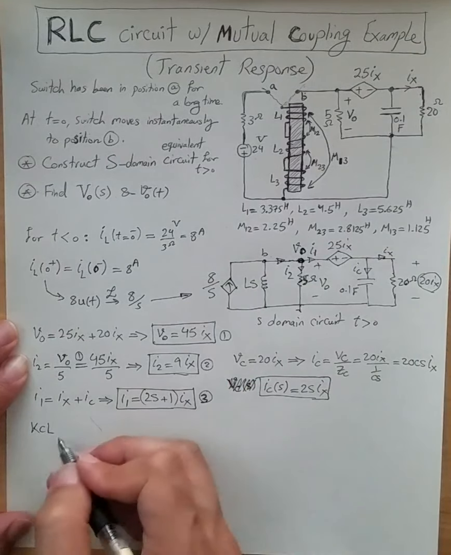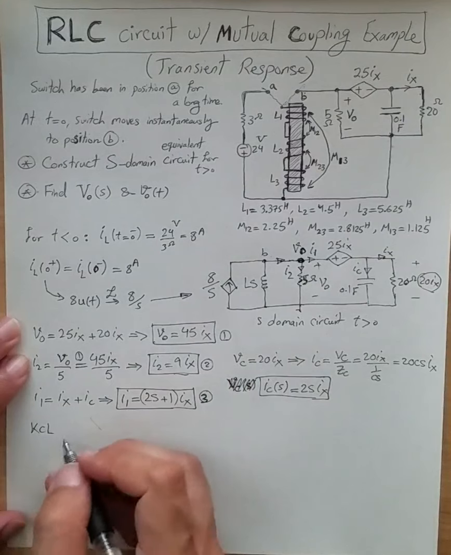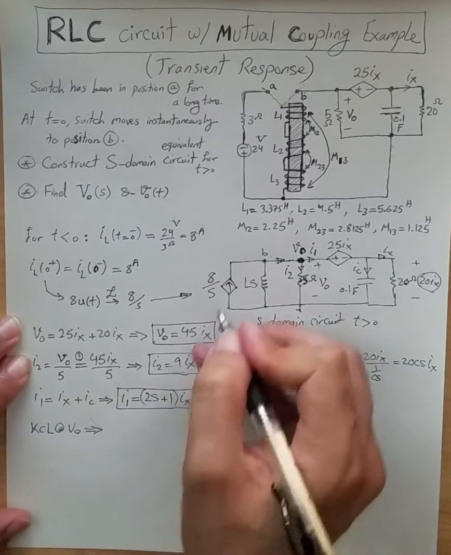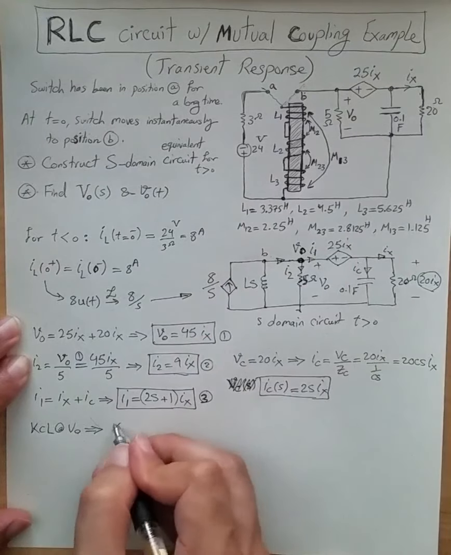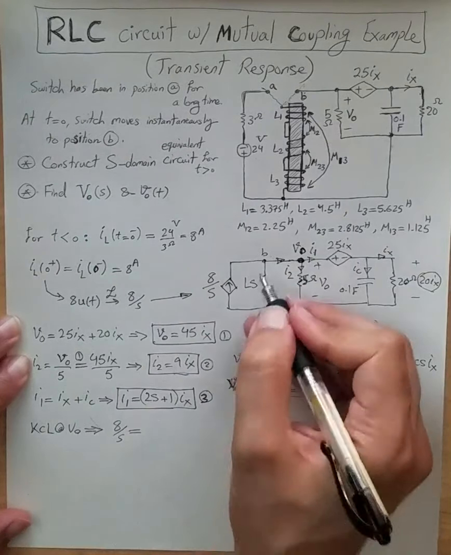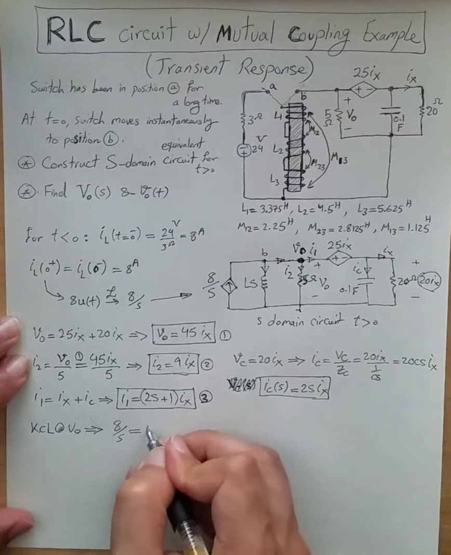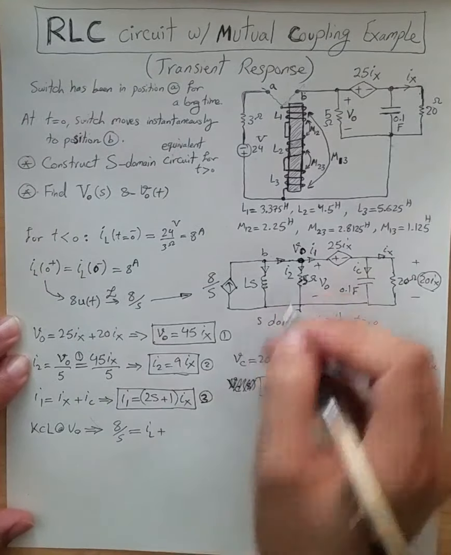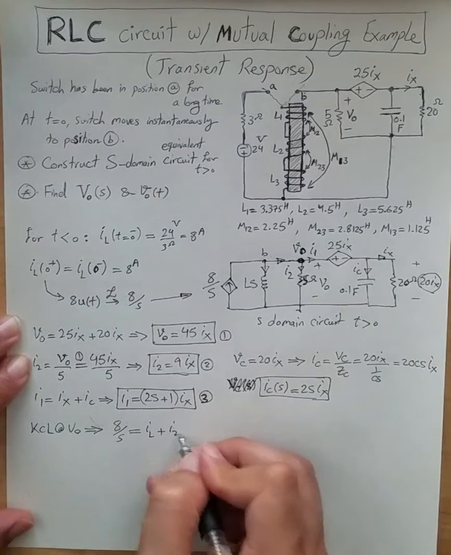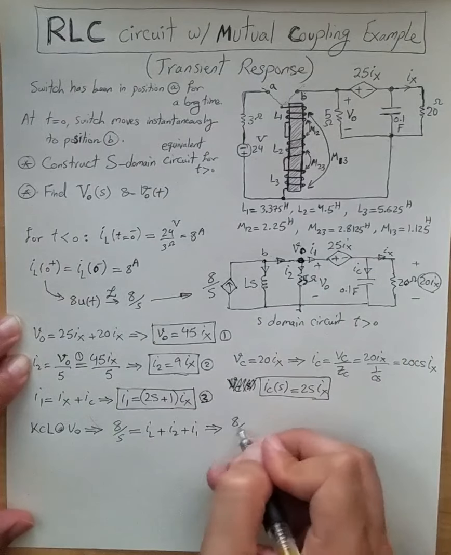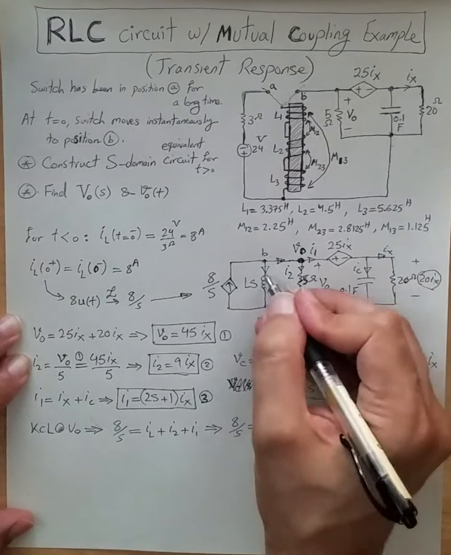Kirchhoff's current law at Vout is basically saying the current coming in, which is 8 over S, should be equal to the sum of all current going out. So it would be IL plus I2 plus I1. Okay, so 8 over S is IL.